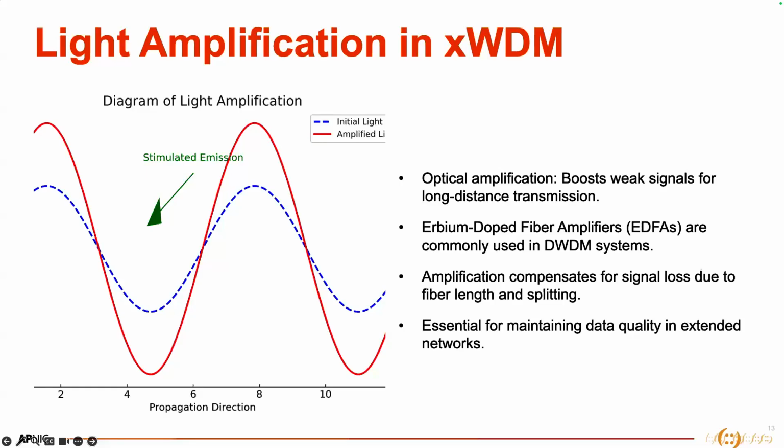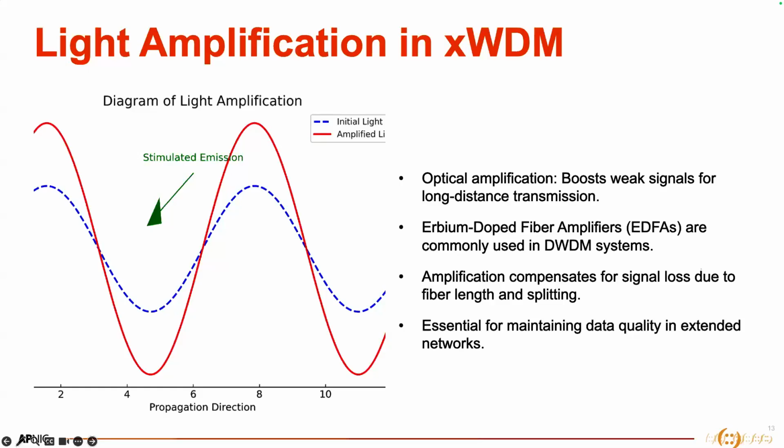As I said, this is completely similar to the transportation system in our real life. As your car goes by, the fuel goes down, right? So it is almost the same type of concept for light as well.